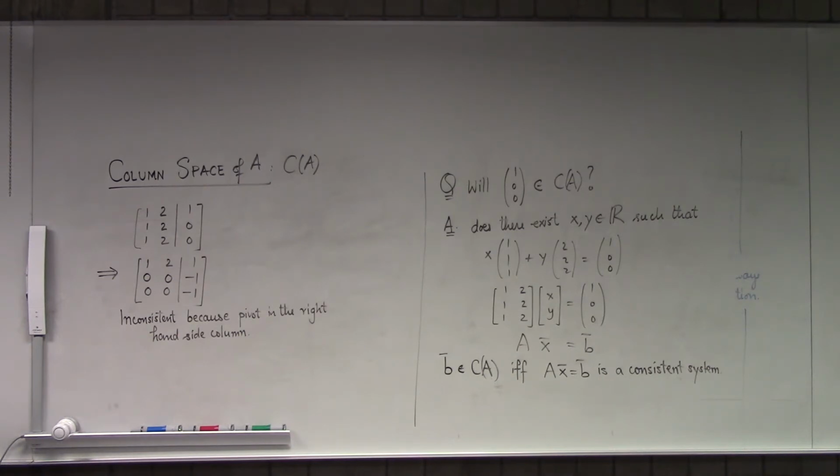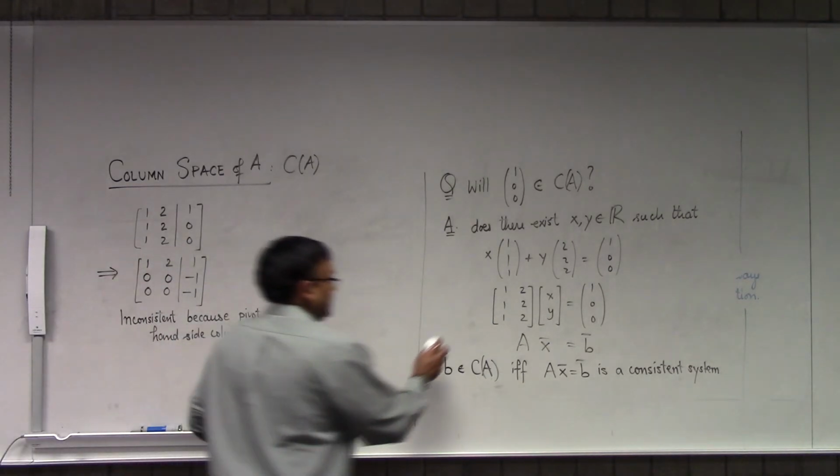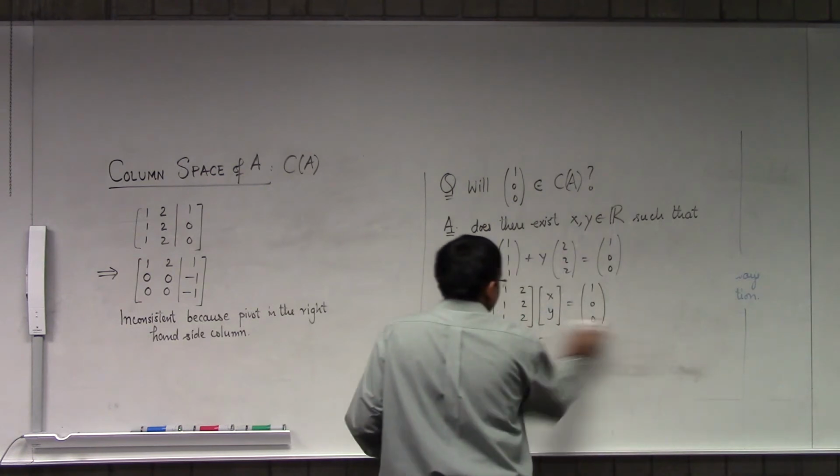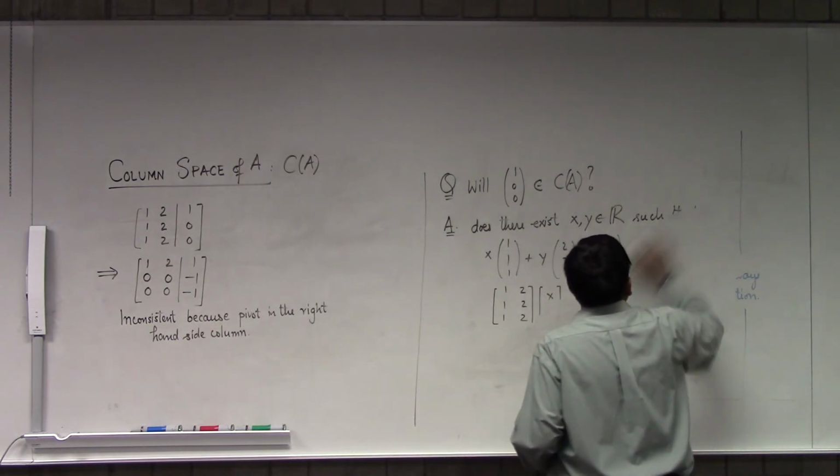So the next question would be, okay, 1, 0, 0 doesn't live there, what else lives there? What kind of things can we say live in that system? To answer that, we are going to do the exact same thing that we have done before about consistency.